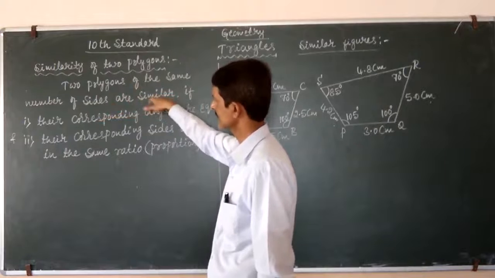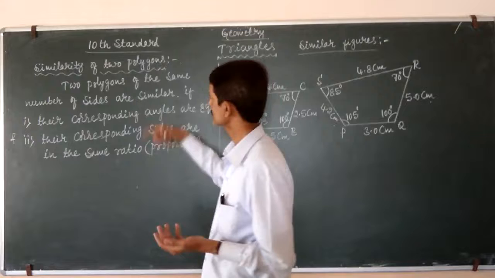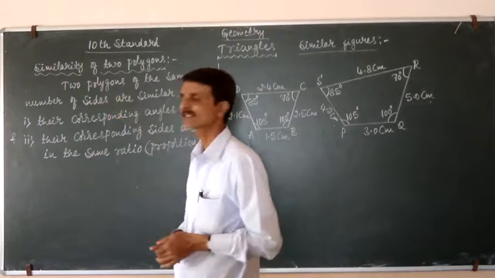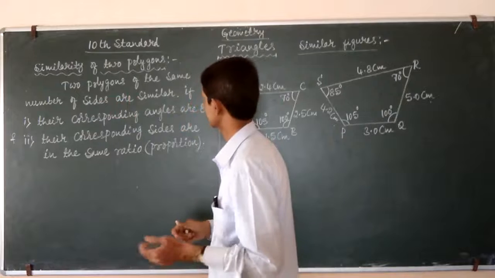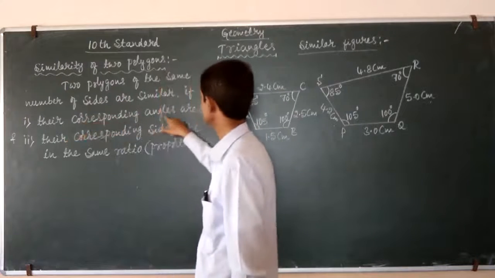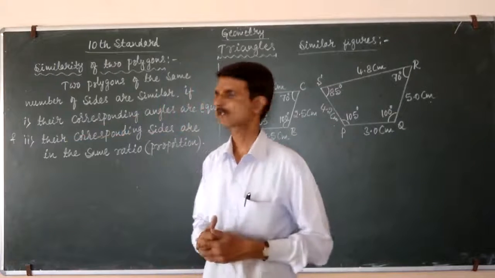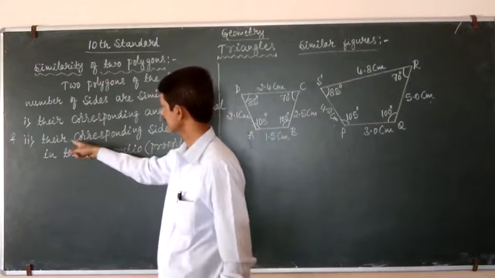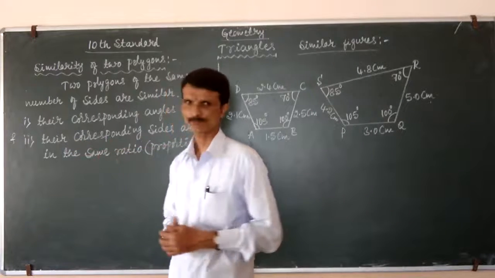So two polygons of the same number of sides are similar if, first, their corresponding angles are equal. Their corresponding angles must be equal. Second condition is their corresponding sides are in the same ratio.